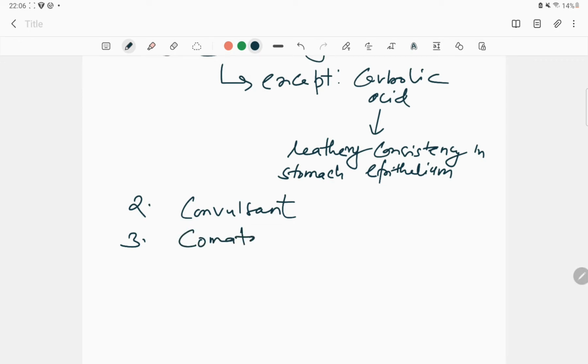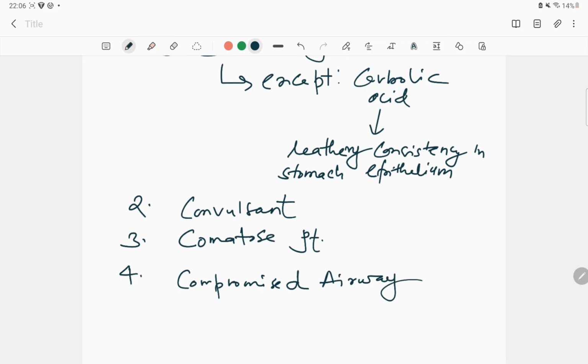If the patient comes in a coma or unconscious, never do gastric lavage, as it will lead to aspiration. The fourth C is compromised airway. If the person has a compromised airway, never do gastric lavage, again because of aspiration.